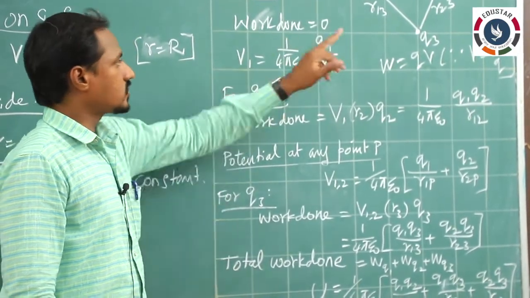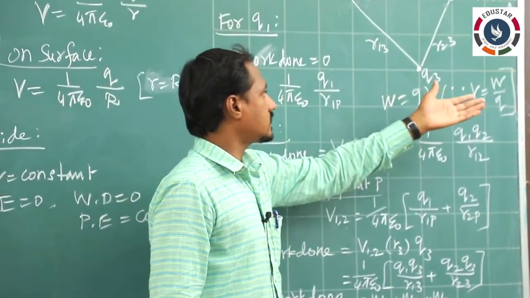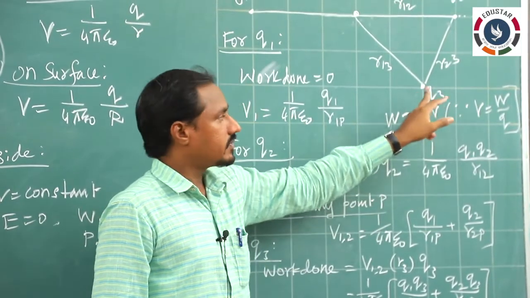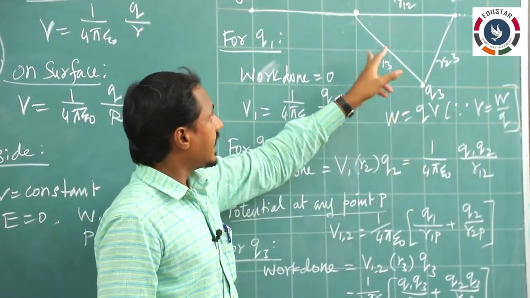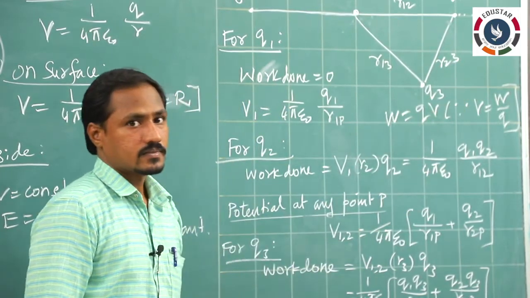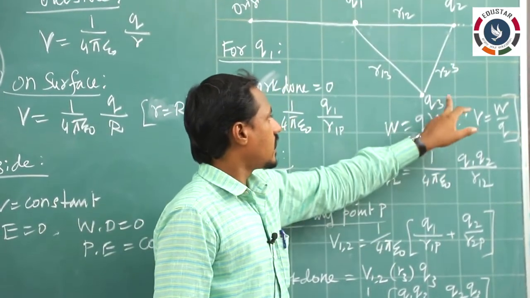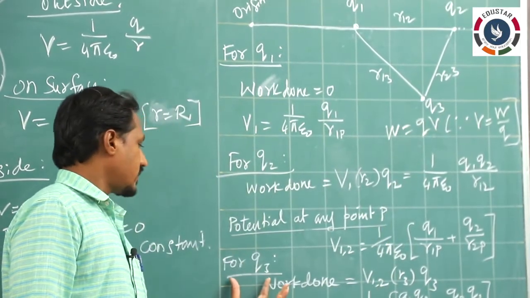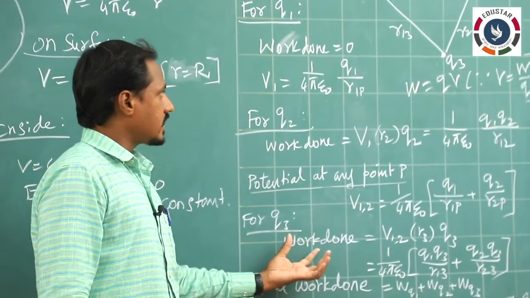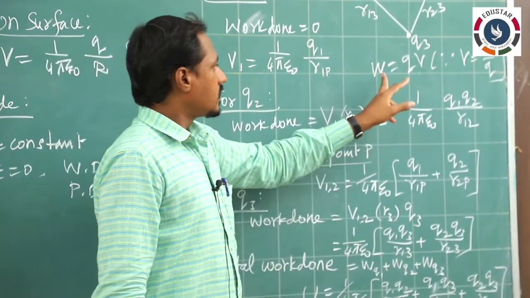Now, consider the third charge. If you bring the third charge from infinity to this point, we have to do work against both charges, and also against the potential of both charges. So, for Q3, work done is the same formula, W is equal to QV.